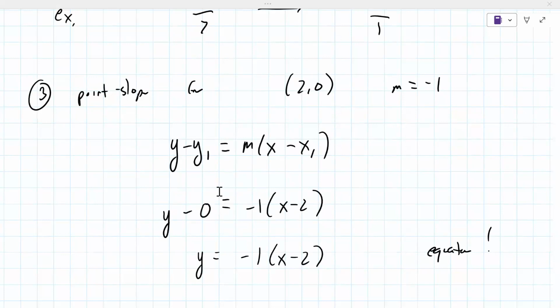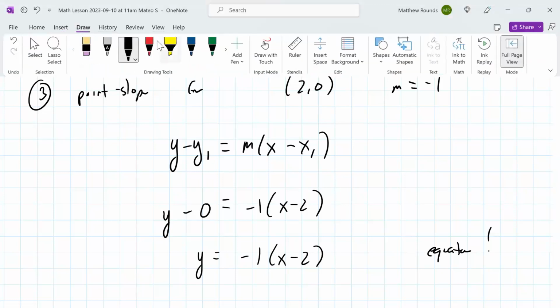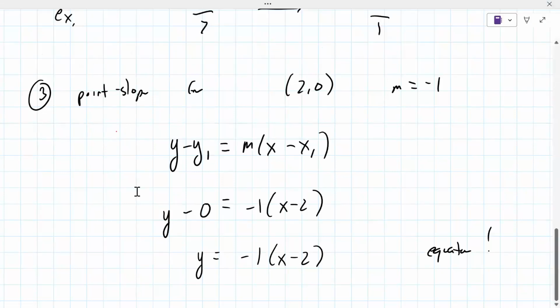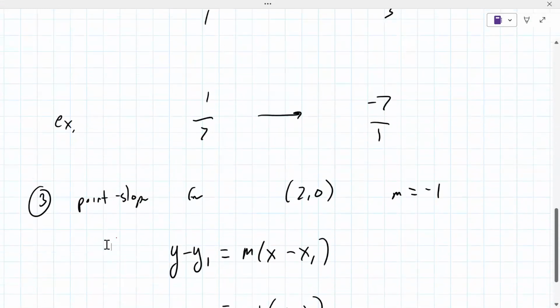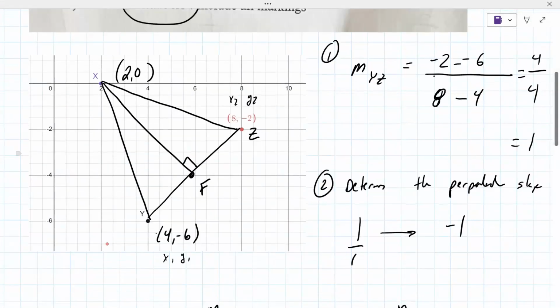So let me label some things here because I did kind of get going crazy. We have kind of done part A. The reason I say it's kind of is we don't know exactly where F is. We're just sort of saying roughly it's there.